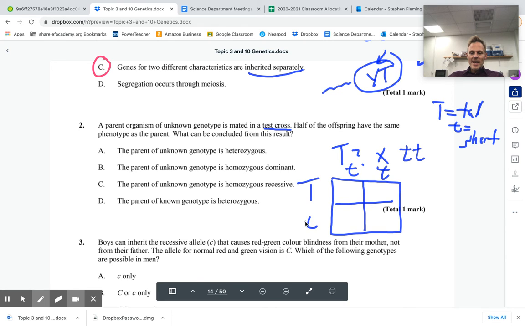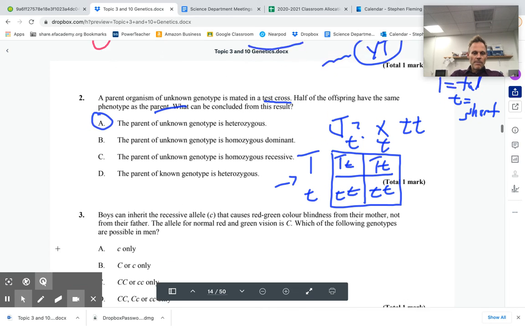And if this is heterozygous, then we'll have a tall plant, because it's dominant, and then we'll have 2 short plants, so it's 50-50. So if half of them are the same as the parent of the unknown genotype, this question mark here, must be heterozygous, a big T and a small t.